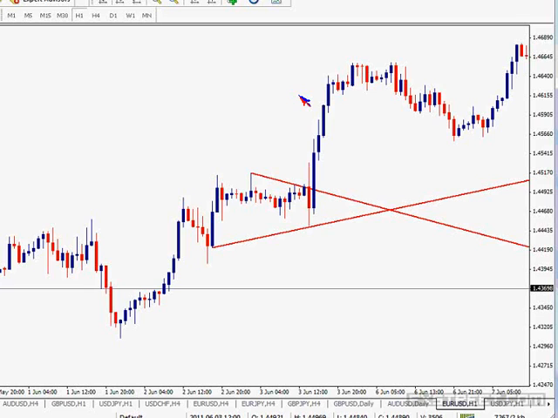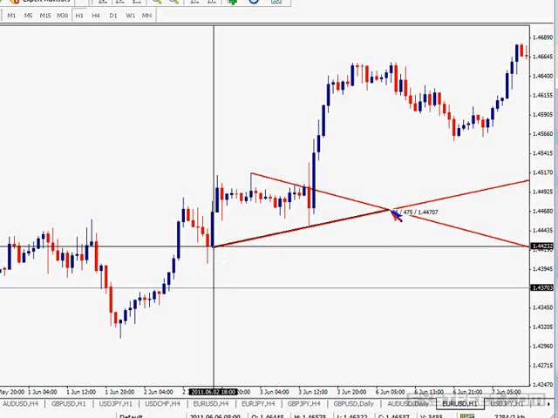When we are talking about a triangle, the first thing we need to do is estimate where it should be broken to confirm the trend continuation. So we need to measure the length of the triangle, from the first point of it to the vertex, here.